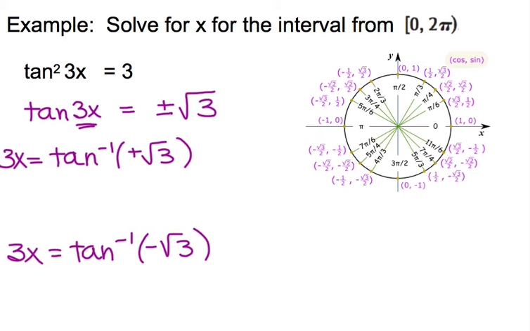All right, so let's talk about the positive square root of 3. Remember we spent some time in an earlier video finding the tangents of each of these? The tangent of this one equals positive 1. The tangent of this one equals square root of 3 over 3. And the tangent of this one, pi over 3, equals square root of 3.